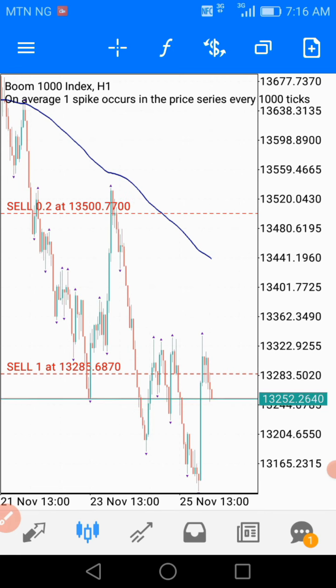If it's an upward movement, price will always retrace. Now, this is what I mean. If a price makes a very large impulsive movement, if it's an upward movement, price will always pull back to a certain percentage of that impulsive move.